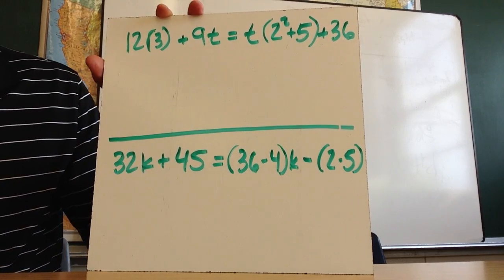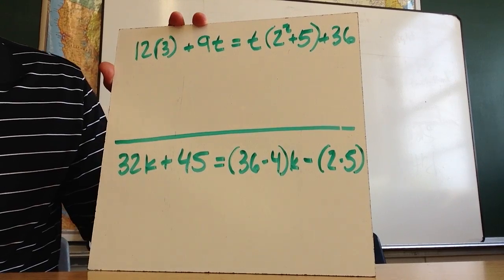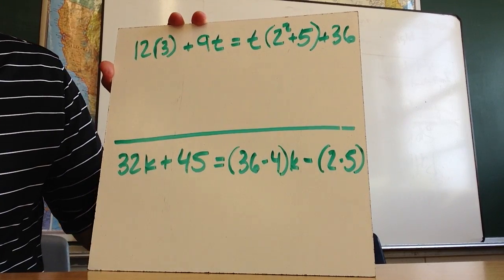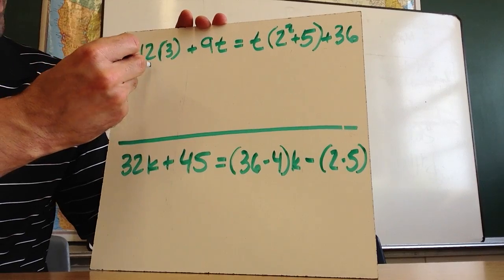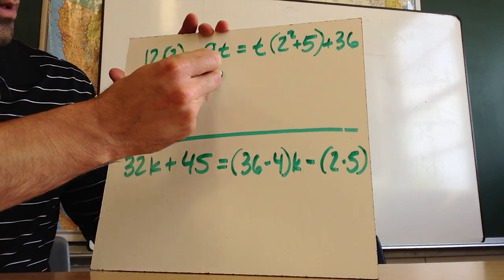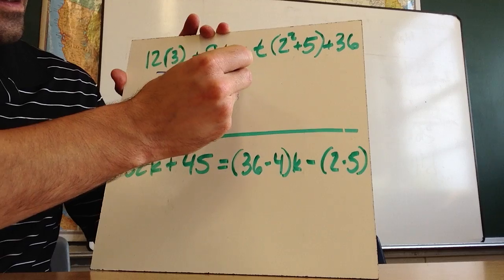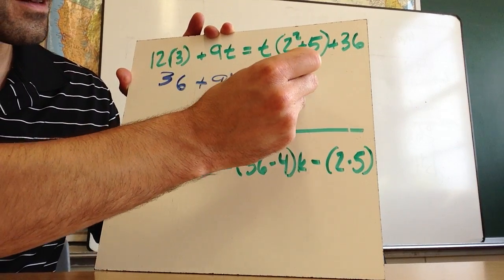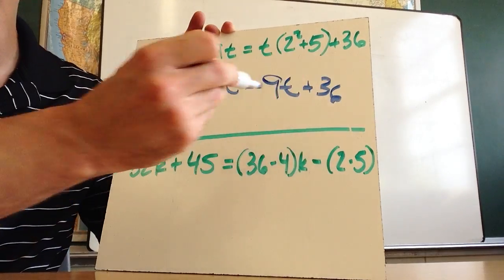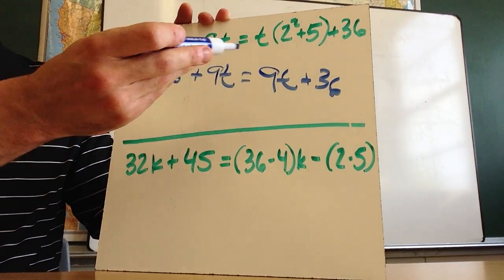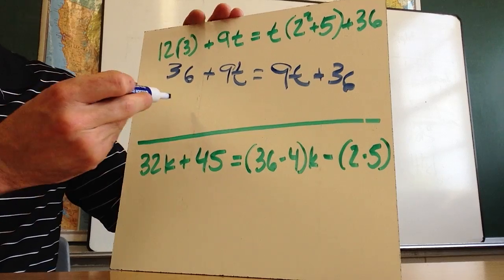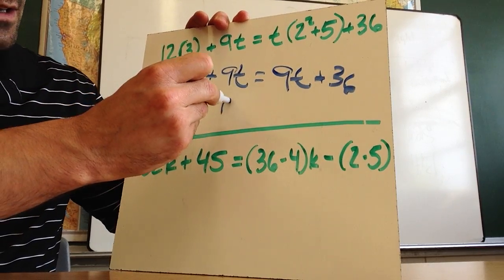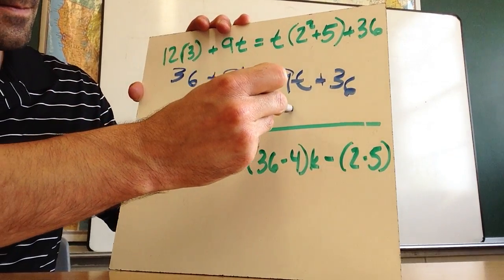All right, I'm going to move quickly through this, but this becomes 36 plus 9t. And on this side, this becomes 9t plus 36. Either way, both of these will always be equal, so this one is all real numbers.